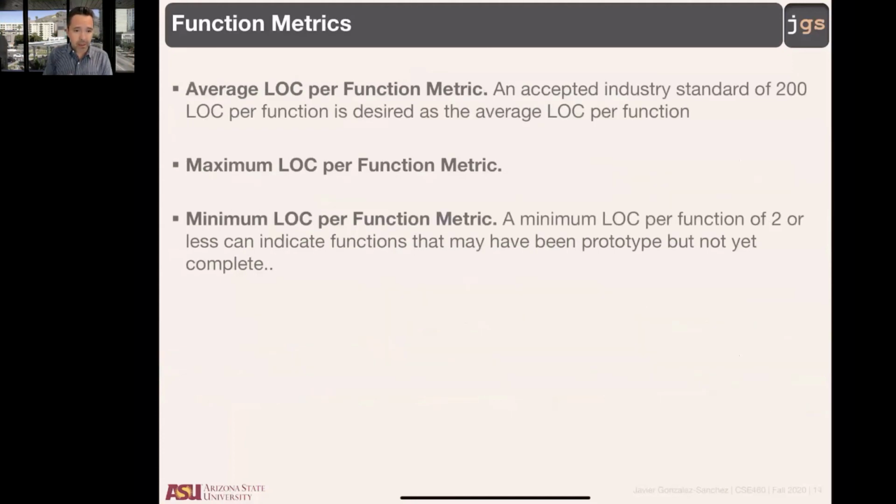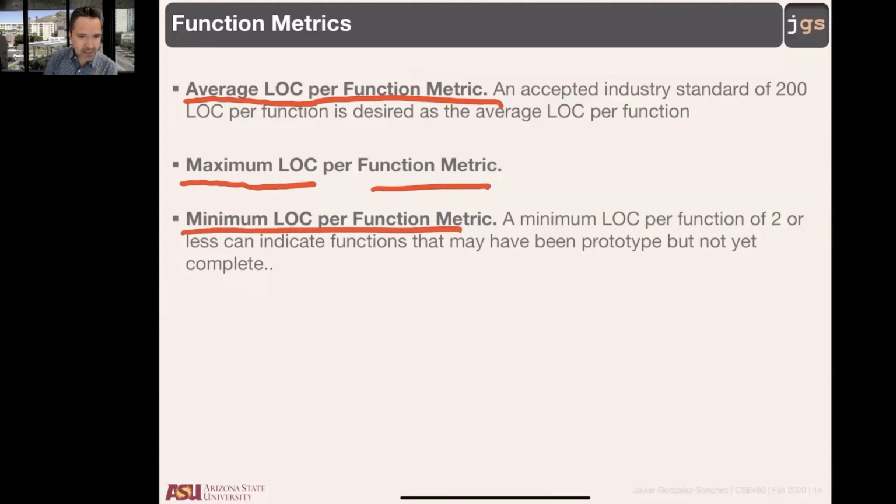Okay, so in general, the percentage of the white spaces, the percentage of the comments, and for the lines of code, what we're going to do is an average of lines of code in a class, the maximum lines of code in one function in your class, and the minimum lines of code in one of the methods in your class.